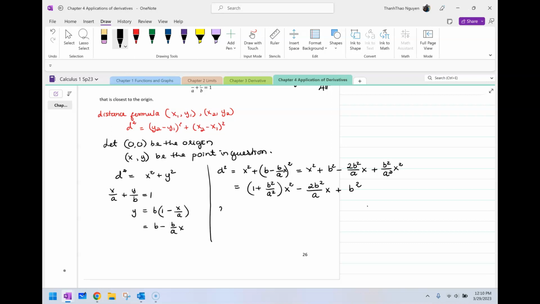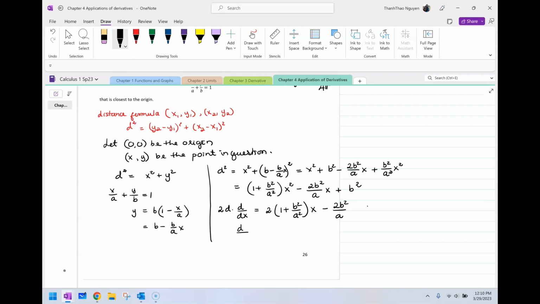So 2d times dd/dx equals 2 times (1 plus b squared over a squared) times x minus 2b squared over a.